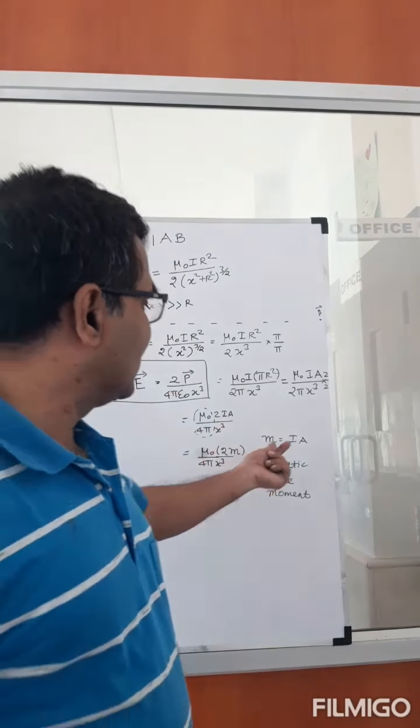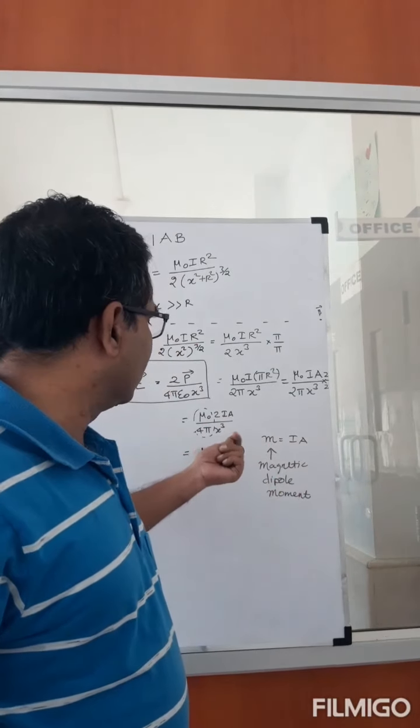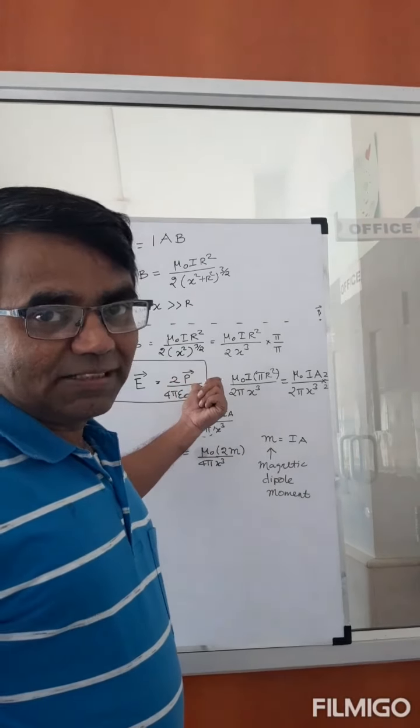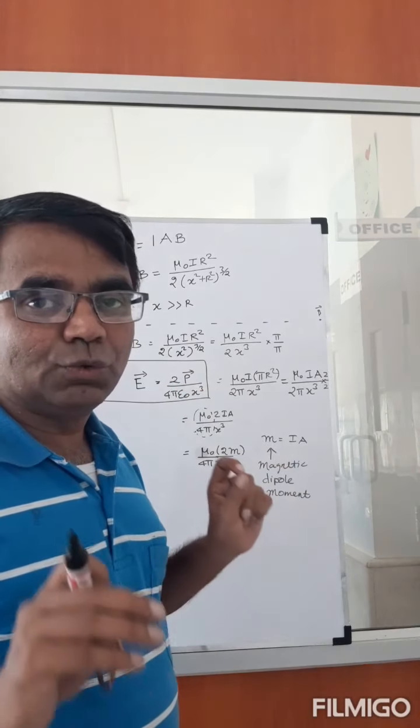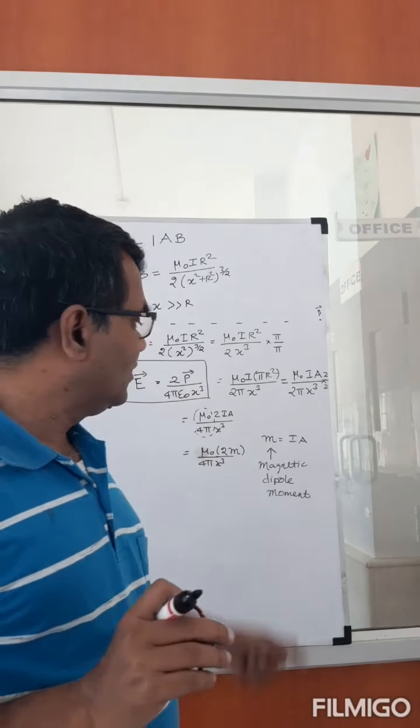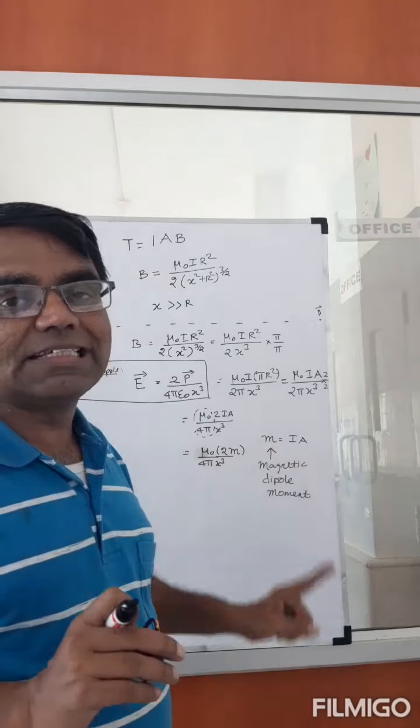It's almost equivalent to the electric dipole P. In electricity, you define the dipole as 2aq, and here you are defining it as IA.